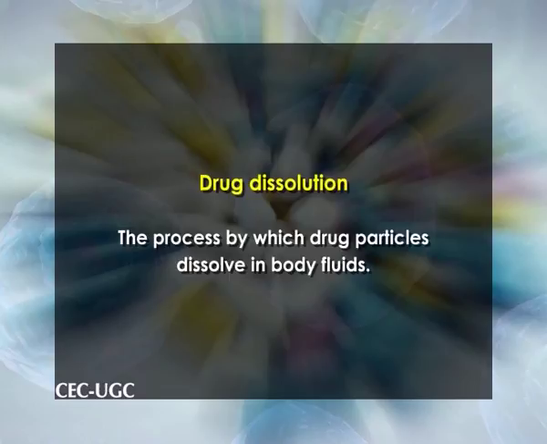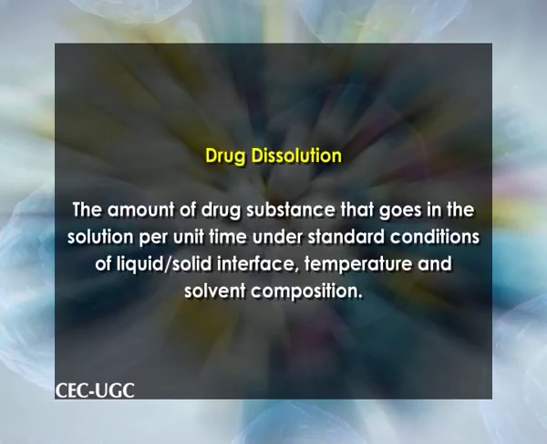So, drug dissolution is the process by which drug particles dissolve in the body fluids. Hence, drug dissolution rate is defined as the amount of drug substance that goes in the solution per unit time under standard conditions of liquid-solid interface, temperature, and solvent composition.